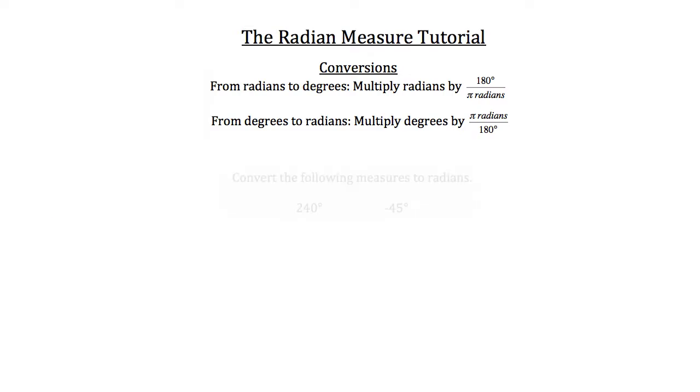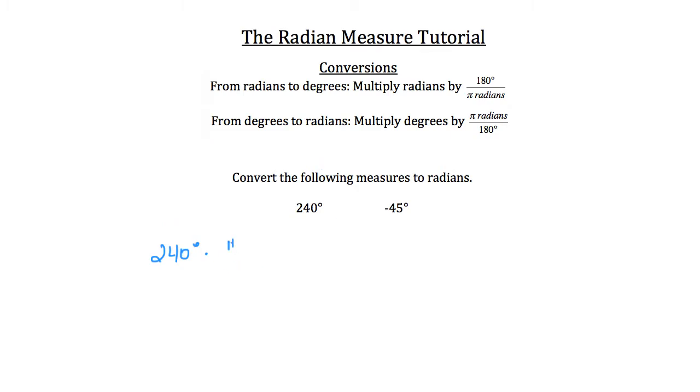So let's do a couple practice problems. Let's convert the following measures to radians. So we'll start with that 240 degree measure. We have 240 degrees, and we want to convert that to radians. So we're going to use this conversion right here. We're going to multiply the degrees by pi radians over 180 degrees.